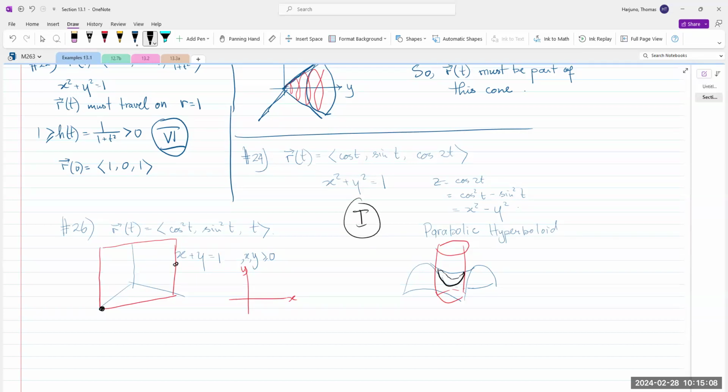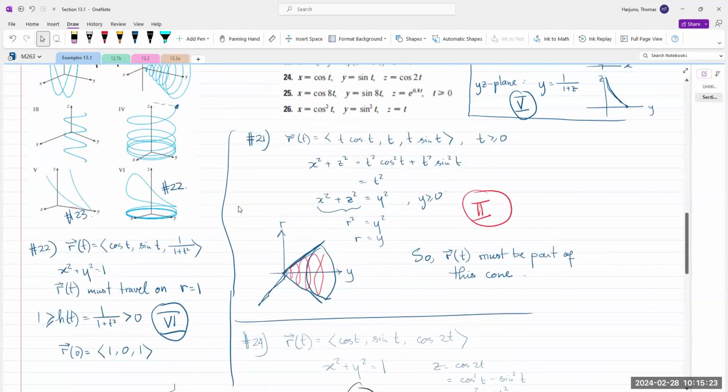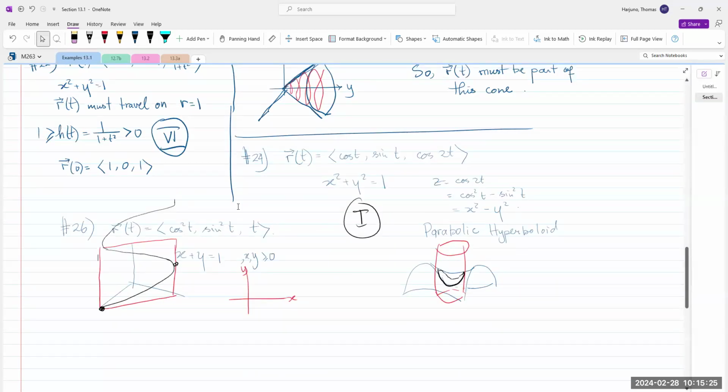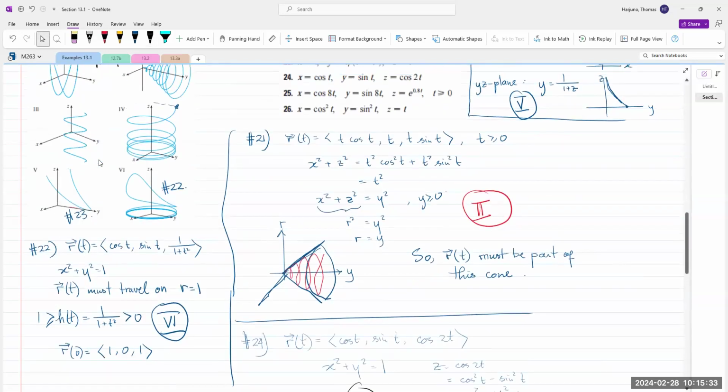So it must be moving this way, right? Okay, yeah, moving like that. Which one is that? Oh, that's number 3. It's number 26.